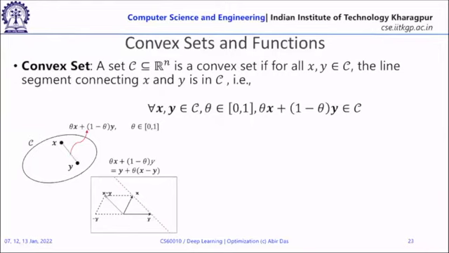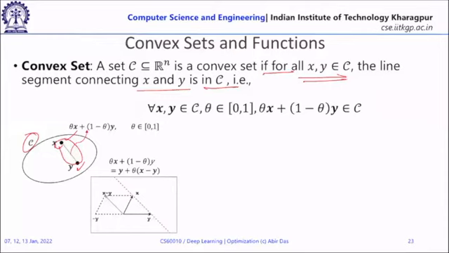A set C in Rn is a convex set if for all x, y belonging to C, that is, for all pairs of points in C, the line segment connecting x and y is in C also. So if x and y are two points in this set C, then the whole line segment connecting them belongs to that set C. That is the definition of convex. If this condition is fulfilled, then the set C is a convex set.